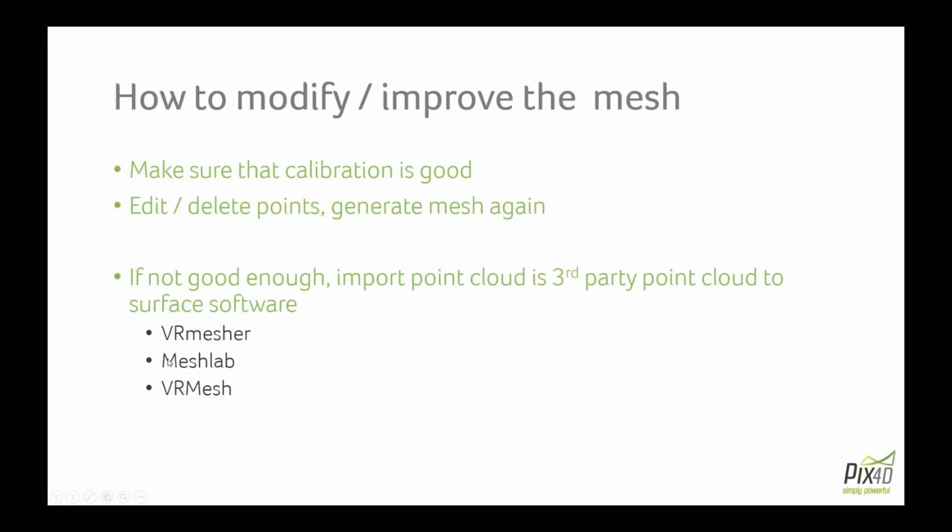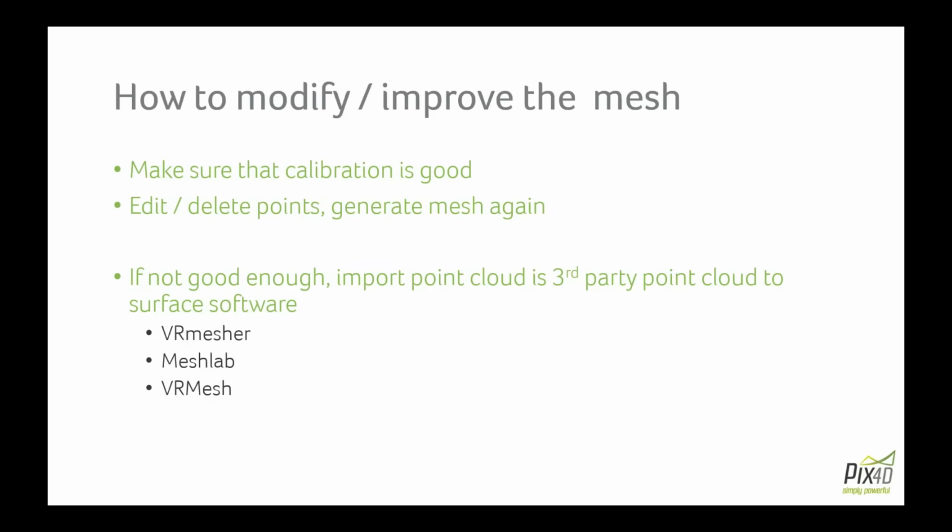AutoCAD is also able to do that. There are many software, documented on our support website, that allow you to transform points to surfaces, to mesh. And they may provide more functionality in terms of changing triangles or options to transform points into triangles.